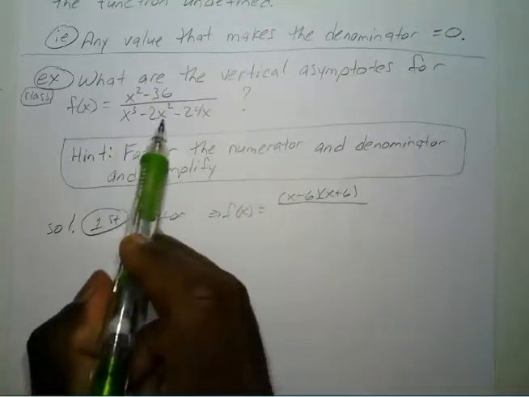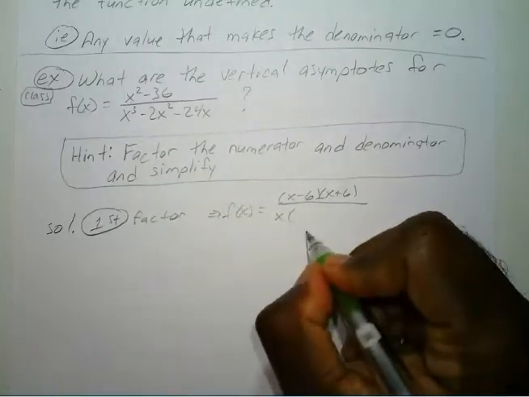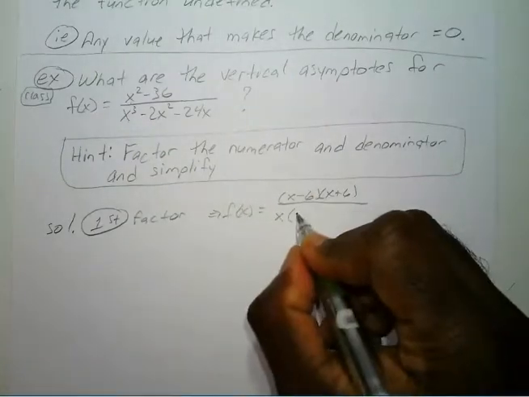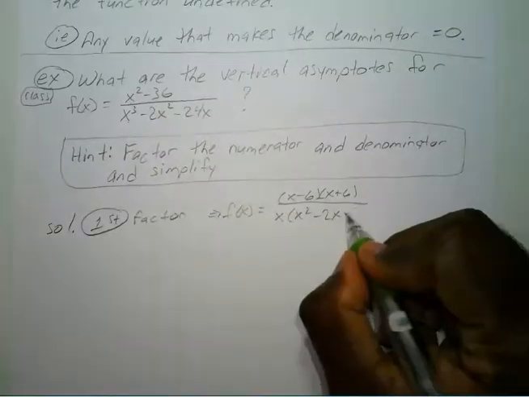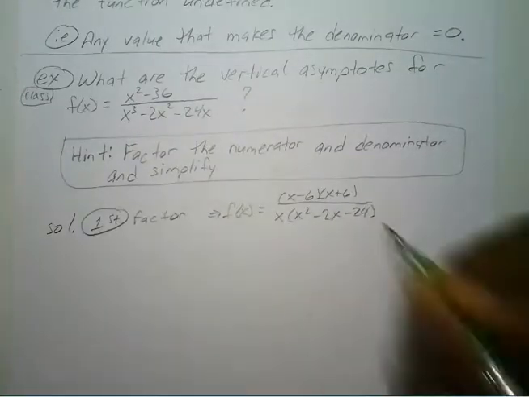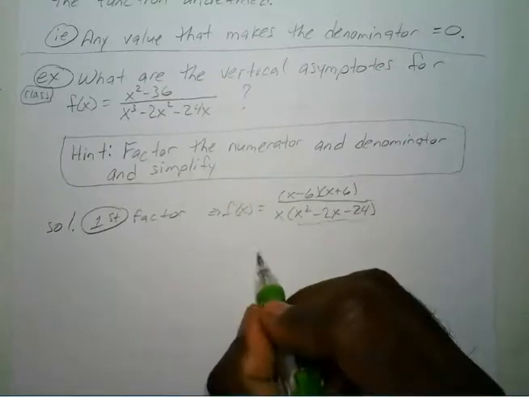And if we factor an x out of each of these terms, we get x times x squared minus 2x minus 24. Okay, and this we can actually factor again.